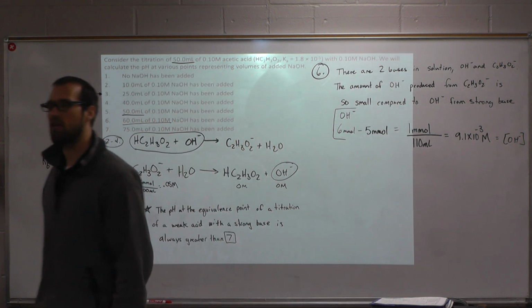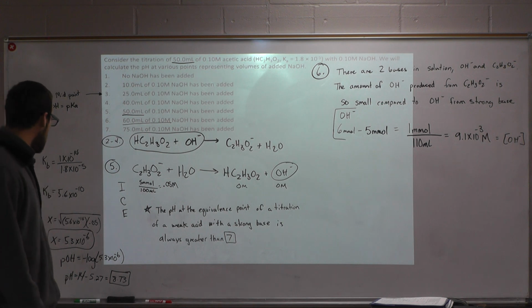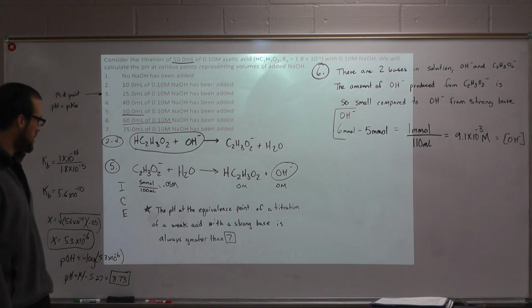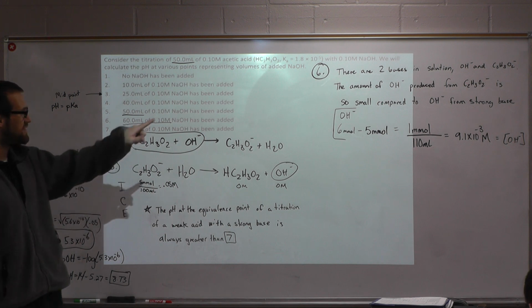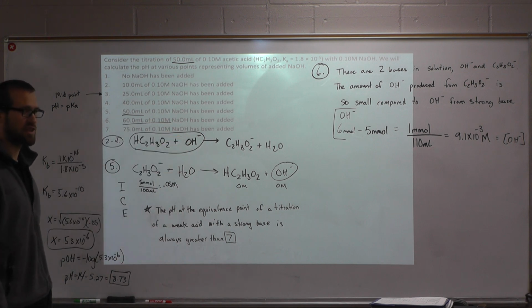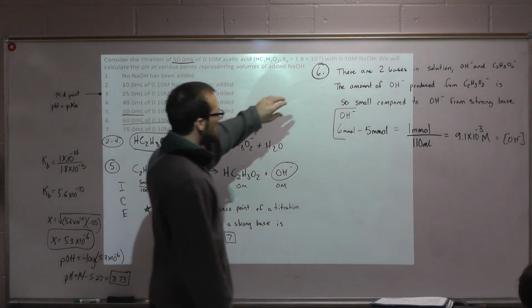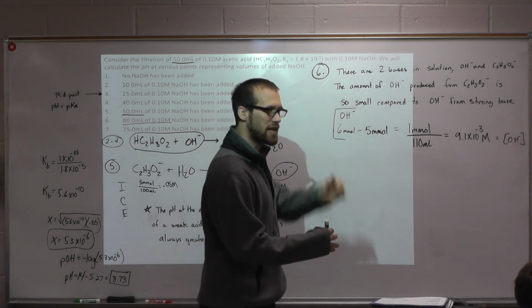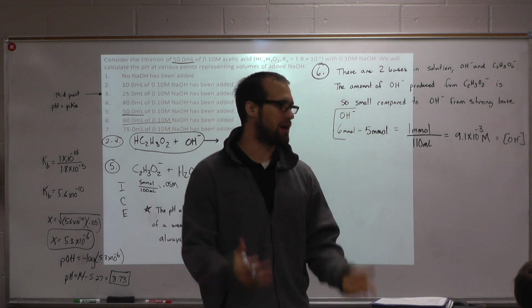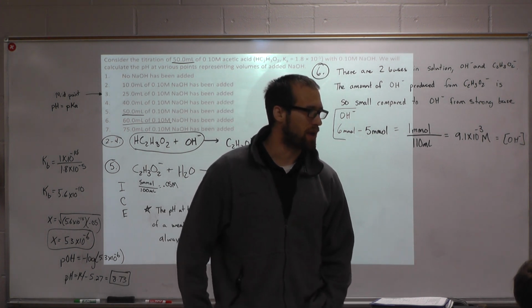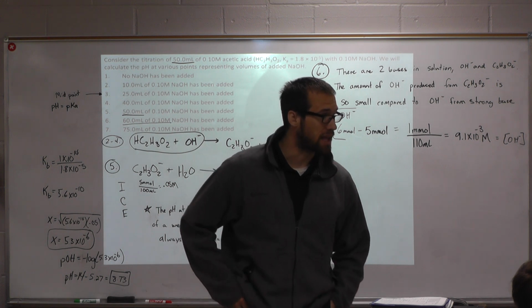Now, let's compare that number to the amount given off by my weak base. Do you see it? If I add this to that number, is that going to change that number really at all? So, what I'm trying to show you here is, once you get beyond the equivalence point, all you're worried about looking at is the strong base that you've been given at the beginning.